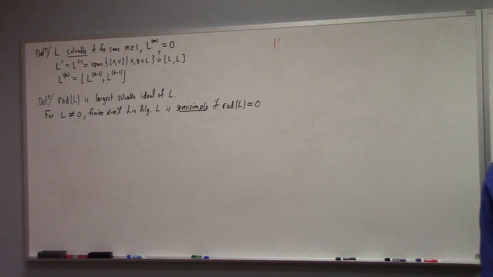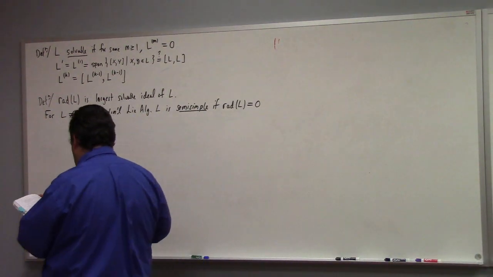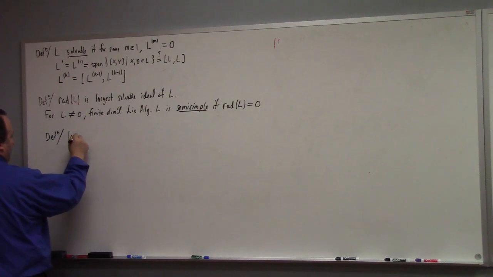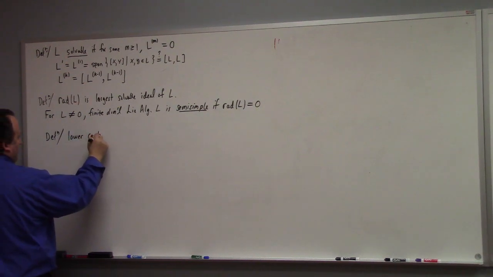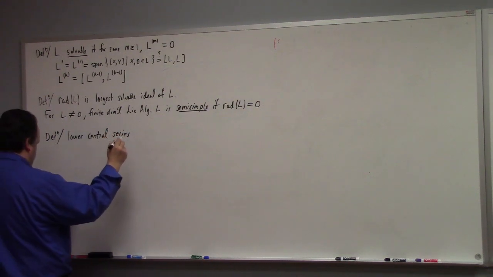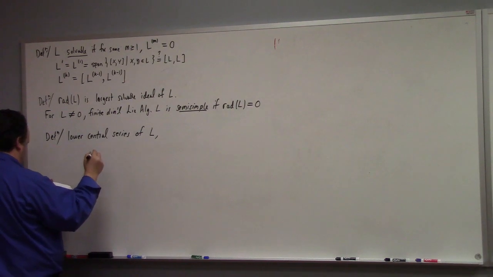What do we have to say about nilpotent Lie algebras? So this is called the lower central series of L. And here we go.